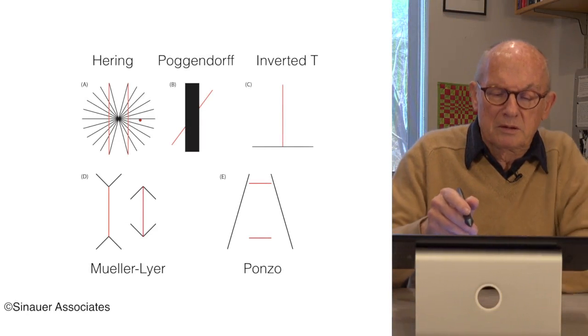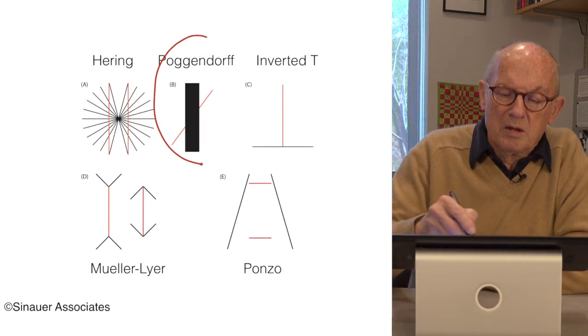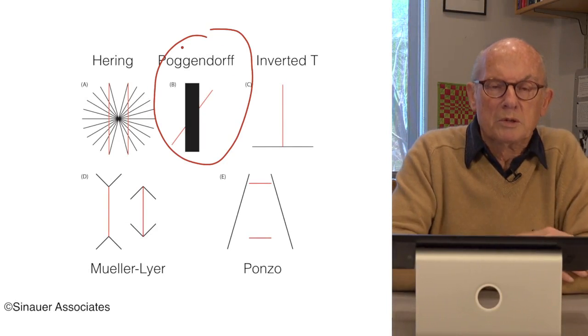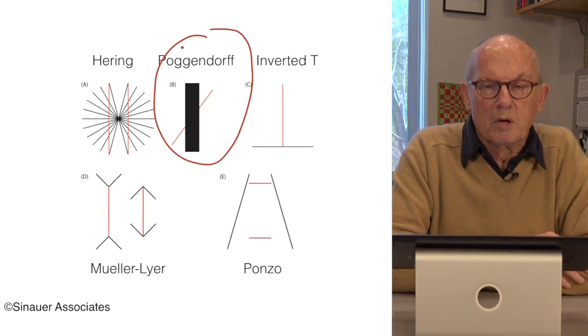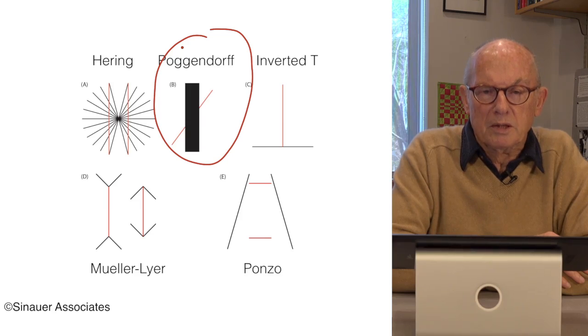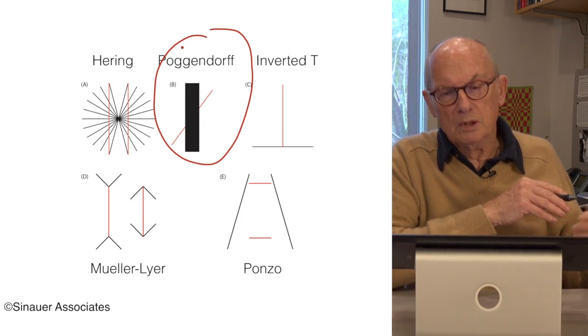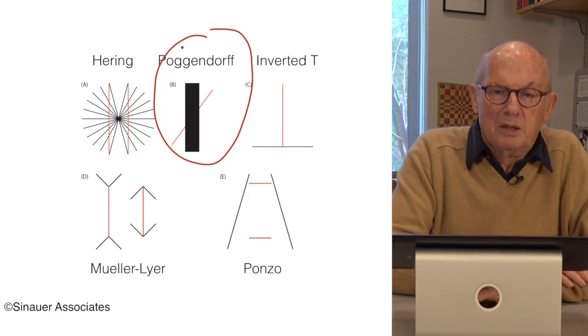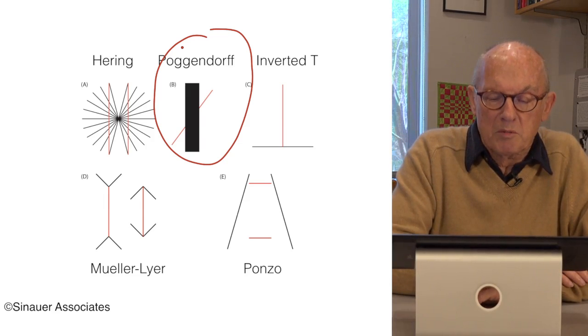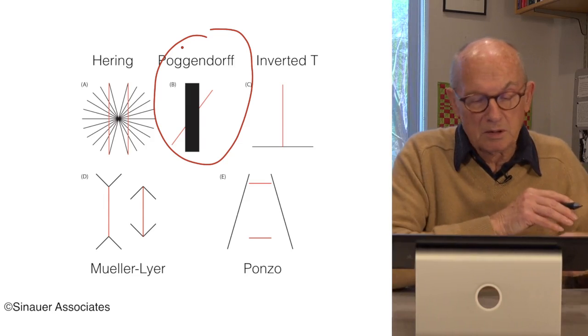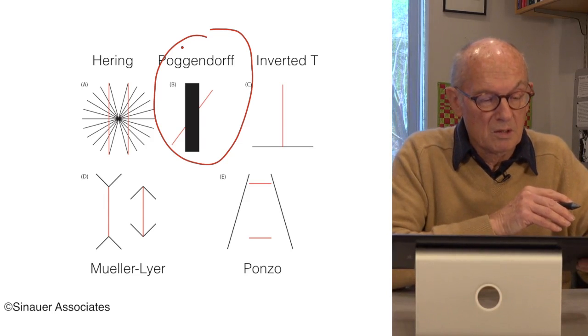The second effect is called the Poggendorff illusion, and Poggendorff, again, was a late 19th century, early 20th century psychologist in this case, who made himself live on in history by attaching his name to this important effect. So what is it?